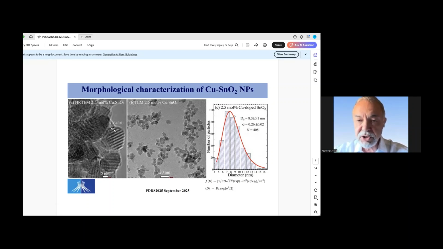So in this particular sample, 2.5 mole percent copper, the mean diameter was about 8.3 nanometers, and dispersity below 0.3, which means it's a very good dispersion. Besides this, we performed different characterization, like, for instance, Raman scattering, optical Raman scattering, to understand better the materials characterization.